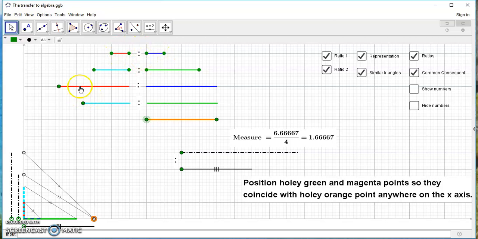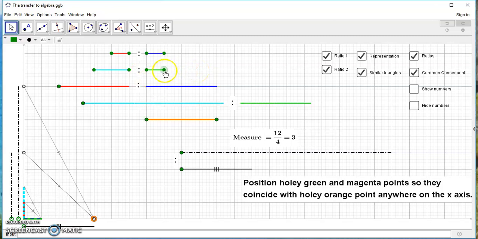The second ratio could be something like this, and this here would be the representation of 2. It makes sense because this line here is 2 times this, and this line here is exactly the same as this line. So this ratio here would be 1, and this would be 2.